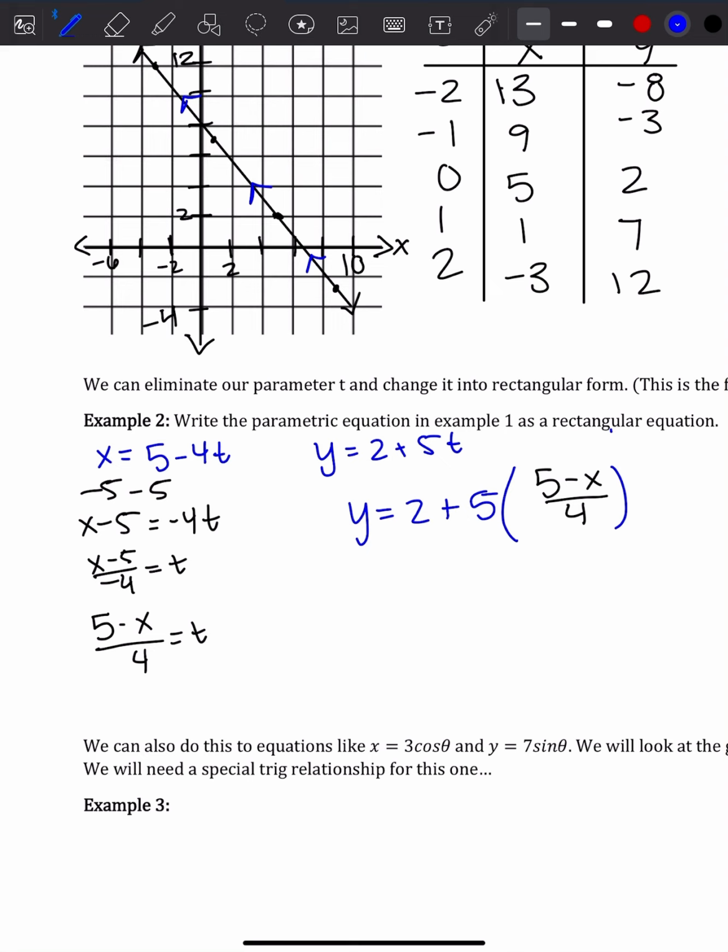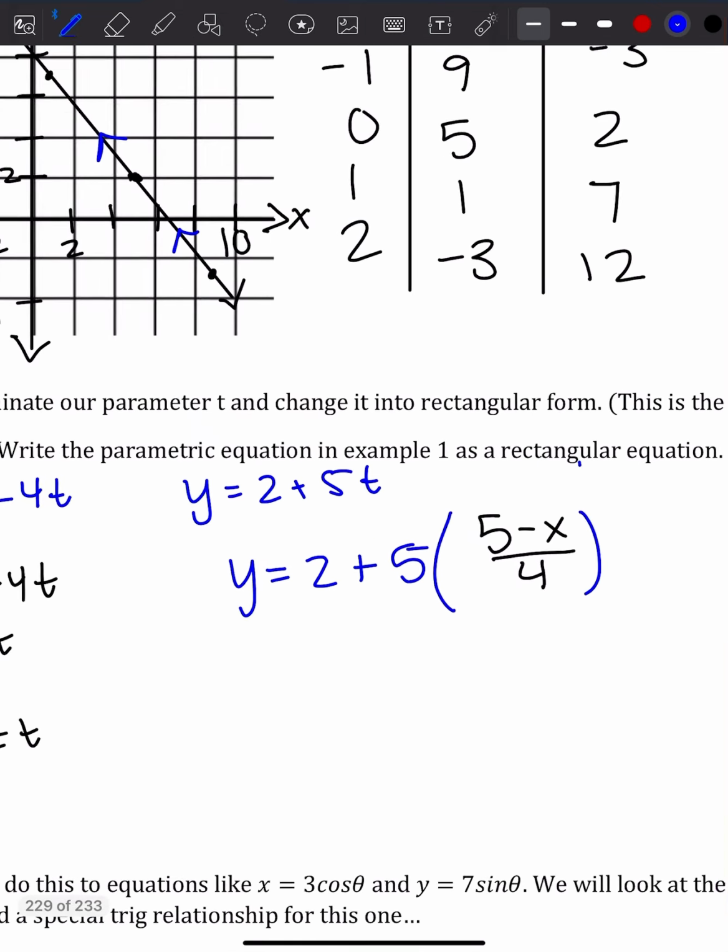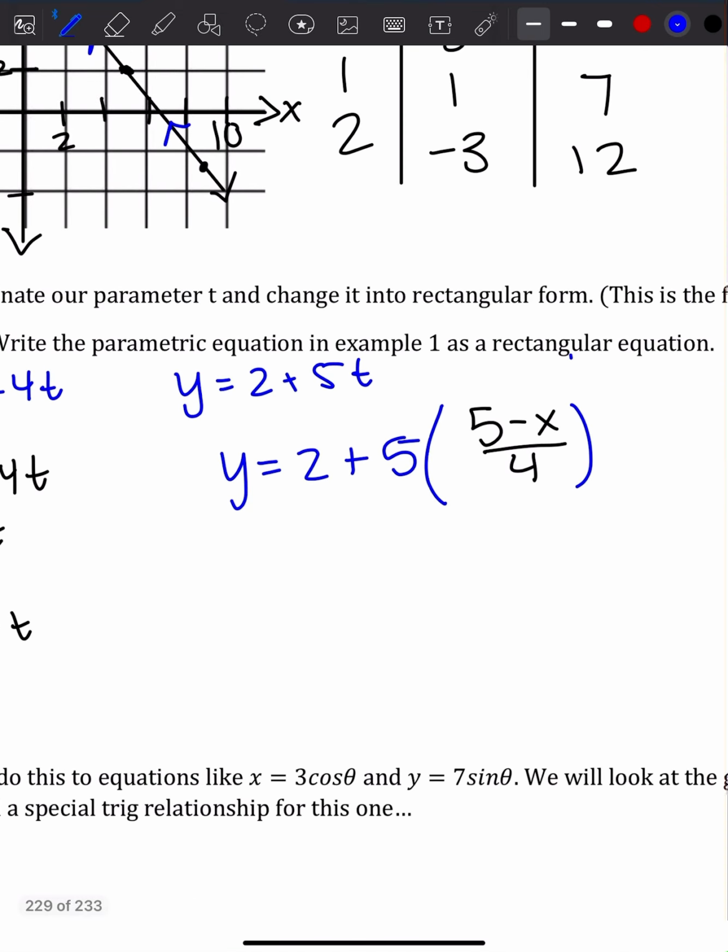If we actually simplify or not is kind of dependent on the question. We can simplify this, but we don't necessarily have to. So if we simplify this, we're going to do what we would normally do. So distribute out that 5. So we have 5 times 5.